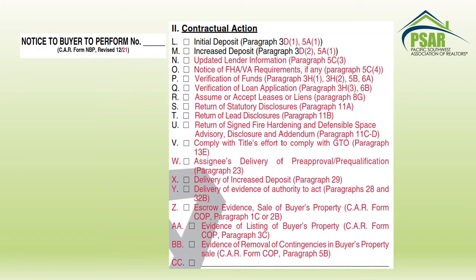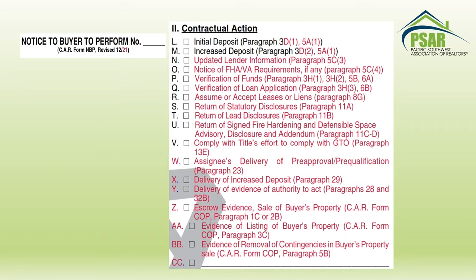And then we go into contractual action. Wow, look at that. We've got so much going on. We had to go to AA, BB, and CC. So looking at our contractual actions, once again, if you look at the grid in our new RPA, you're going to see that this lines up item for item. So that's why they did the grid.